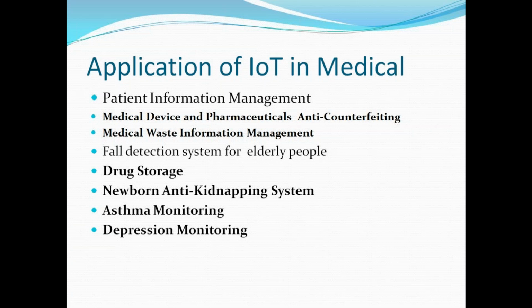So today, as that young lady was talking about the fall detection system, I'll try to demonstrate practically how it can be done. In today's session, we are going to use this fall detection system in the practical field also.